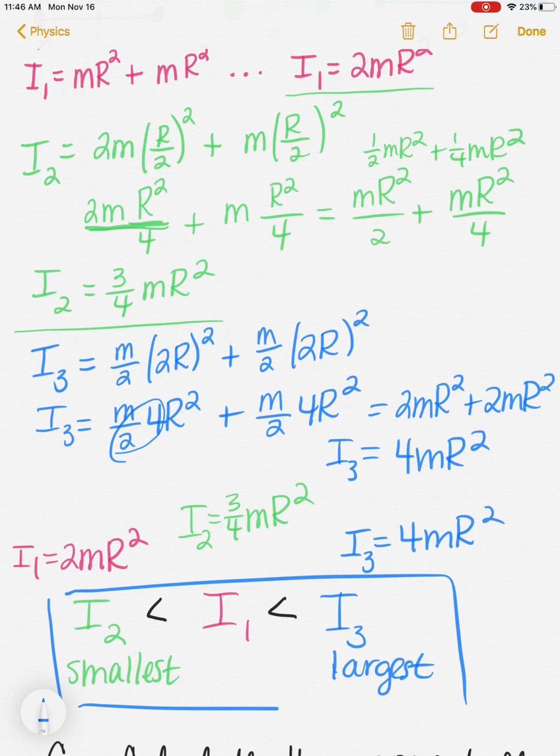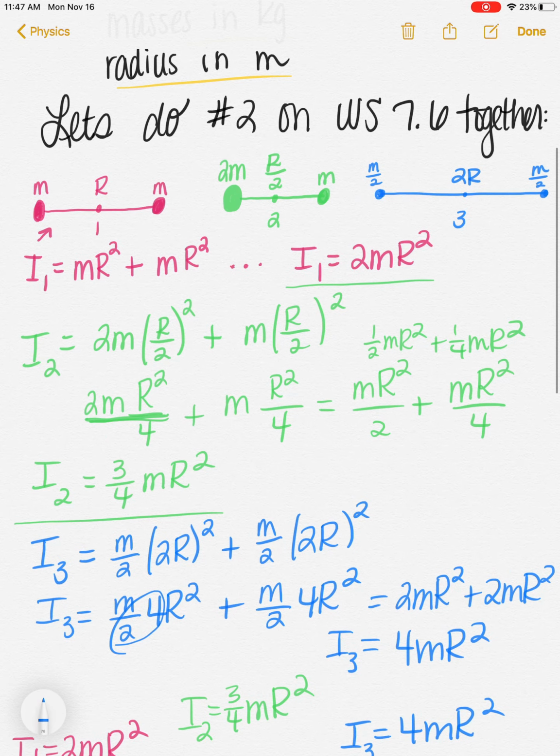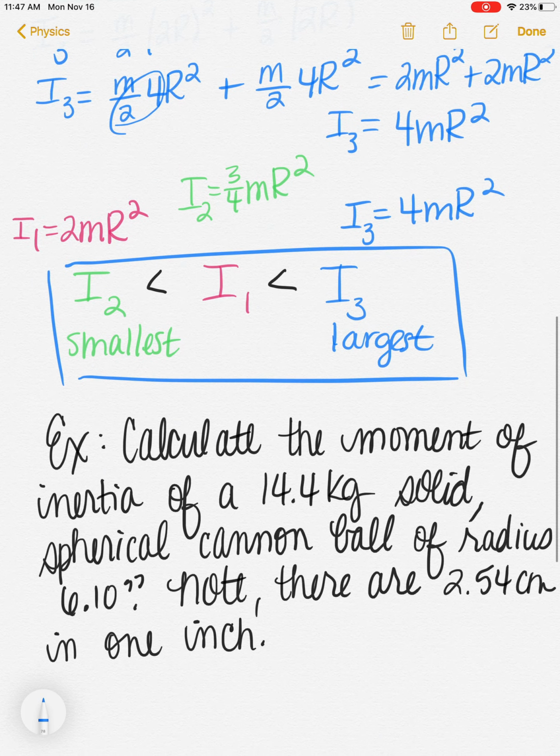Conceptually, what the problem was trying to illustrate is you might have originally thought that the green scenario would have the largest moment of inertia since it had the most massive object on the left, but actually you need to factor in that moment of inertia is not just mass, but distance from the rotation point. So for number 3, since the radius was doubled, that actually ended up winning out over the fact that the masses were smaller.